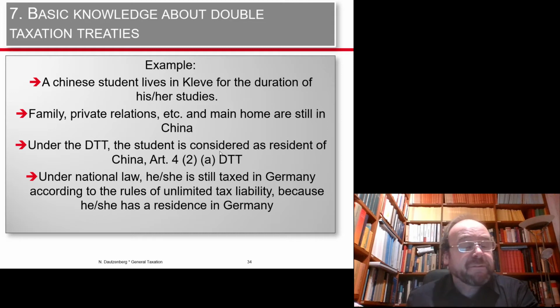By the way, very favorable for the Chinese student, because if that student has a taxable income, he or she could not only claim the basic allowance, which is reserved for unlimited tax liability payers, but also could claim special expenses, for example, study costs up to a certain limit, and extraordinary expenses, although these are rare, which is why they are called extraordinary expenses.